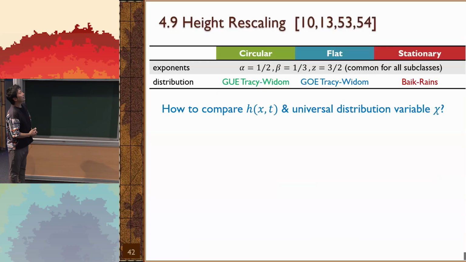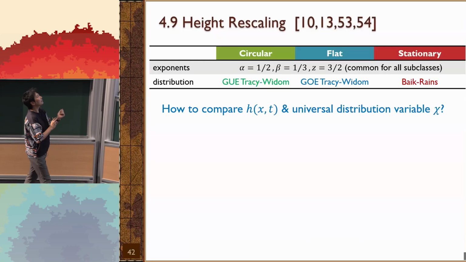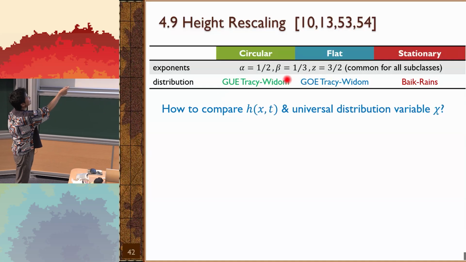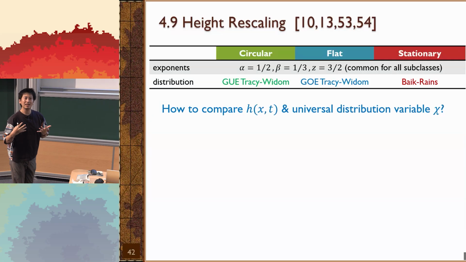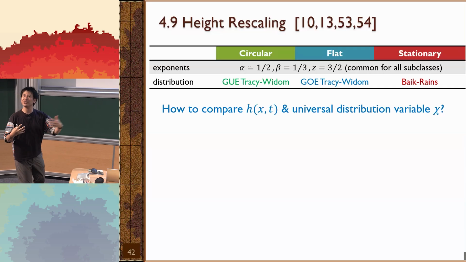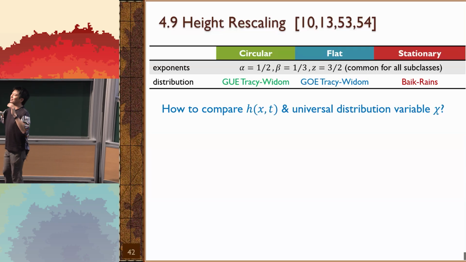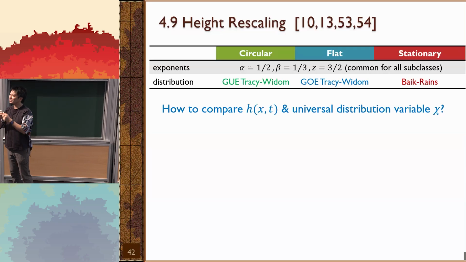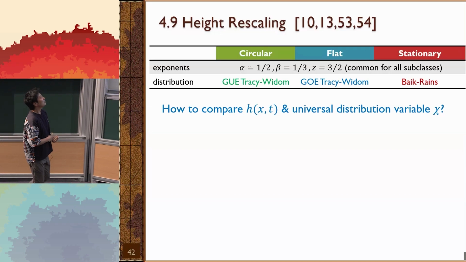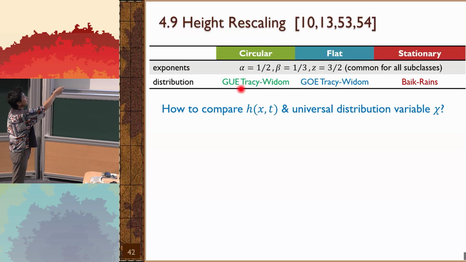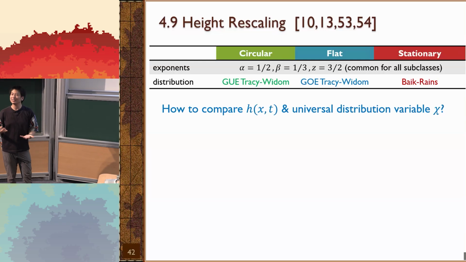Okay, and here let me just remark how to compare with these characteristic distributions if you deal with, let's say, experimental data or simulation data. All data are obtained in physical units, like space and time, real time, and so on. But of course, these characteristic distributions are expressed in terms of some rescaled quantity.